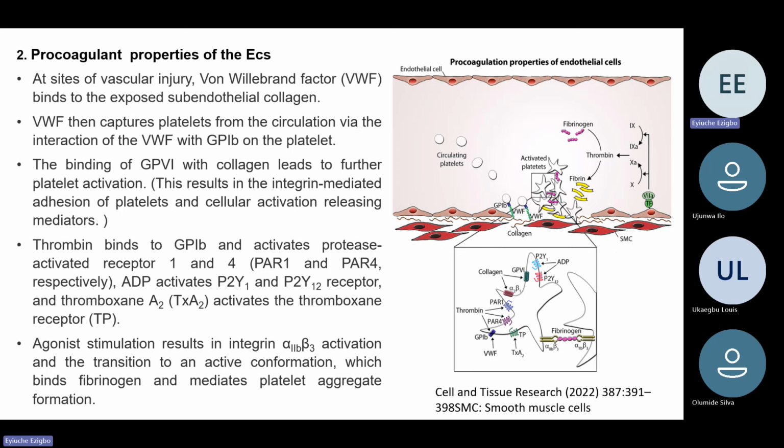So when the subendothelial cells are exposed, the collagen there is exposed, and von Willebrand factor is released from the Weibel-Palade bodies of the endothelial cells. Von Willebrand factor binds with the collagen via glycoprotein 6, and binds with the platelets via glycoprotein 1b receptors on the platelets.